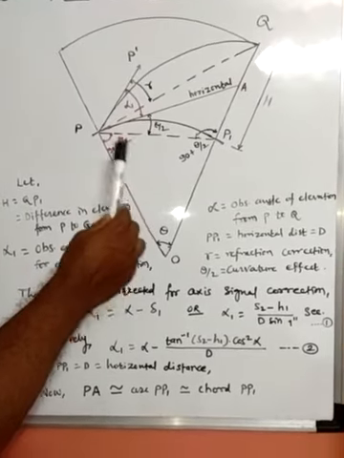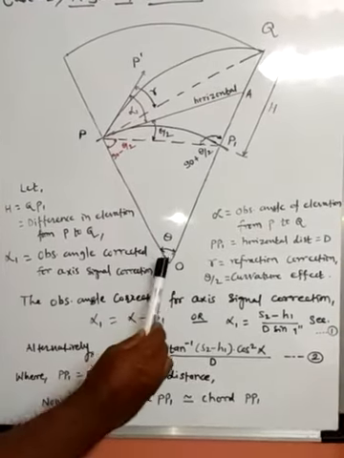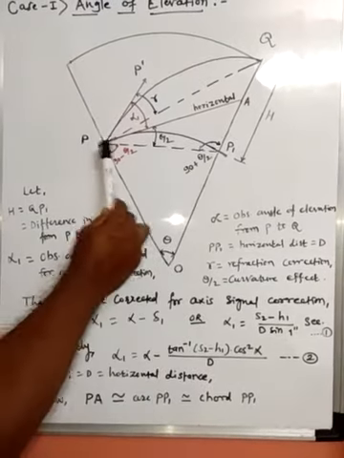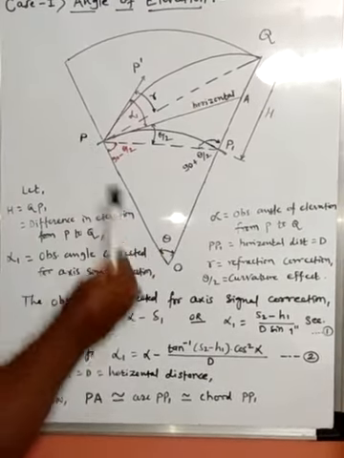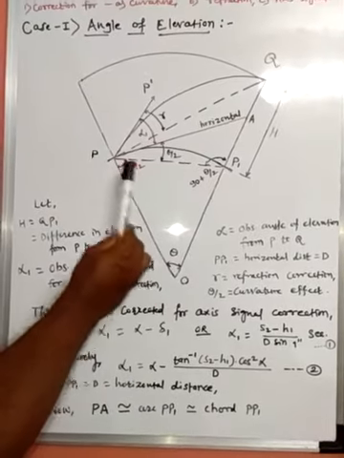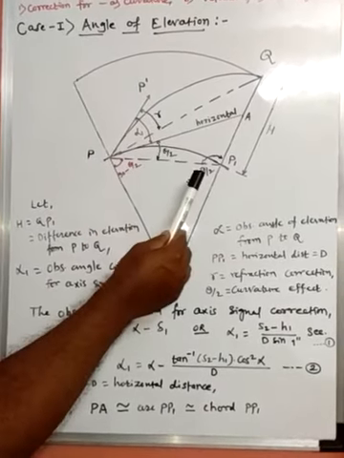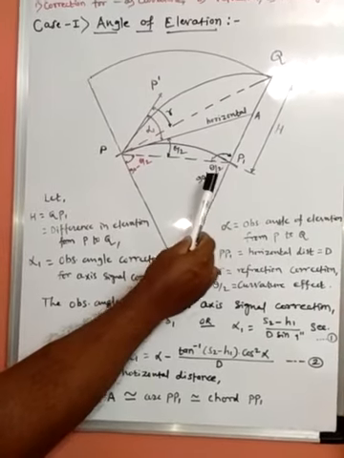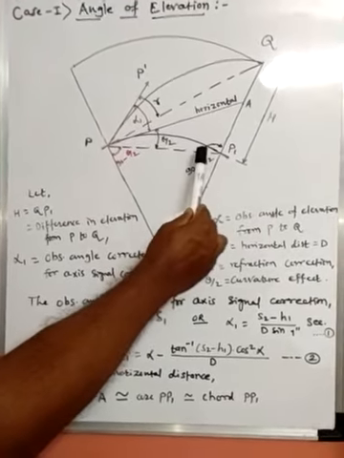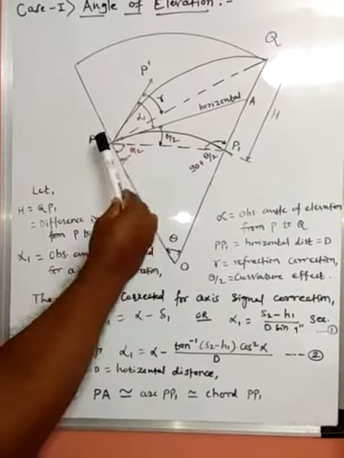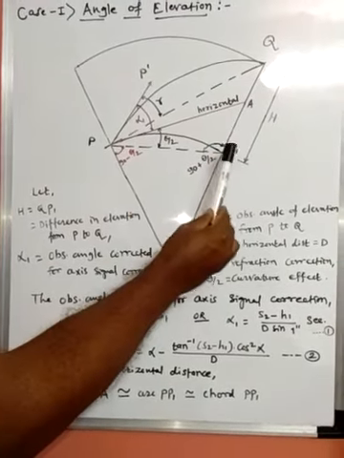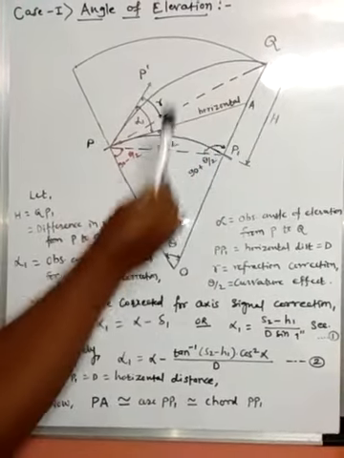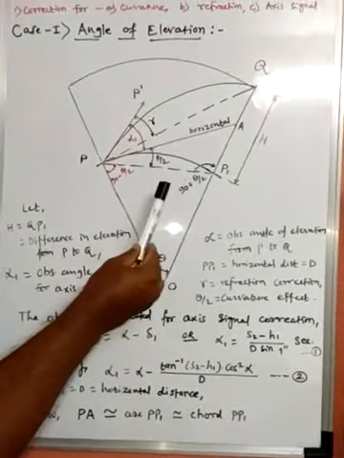In between, the angle subtended by the earth is theta. It can be found from the triangle POP1, where the angle will be 90 minus half of theta. Out of that we have to consider only the triangle PQP1, which belongs to today's part, angle of elevation.